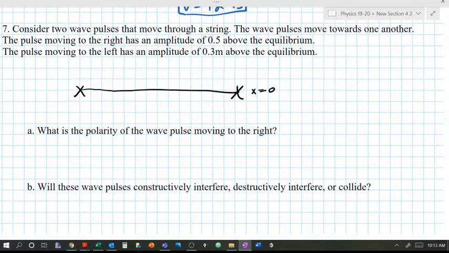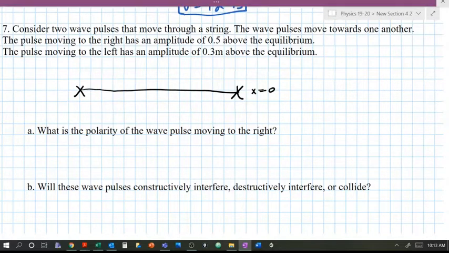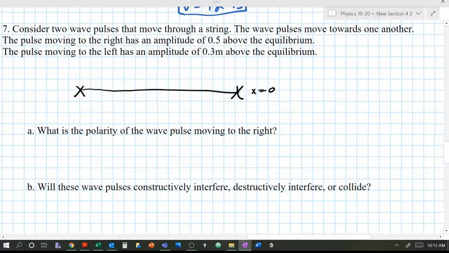When we send a wave pulse through, it causes a pulse to be created, which will either be going above or below the equilibrium. And we're sending two pulses through this string. One pulse we're sending to the right with an amplitude of 0.5 meters above the equilibrium. So that pulse is above the equilibrium, and the amplitude of that pulse is positive 0.5 meters.